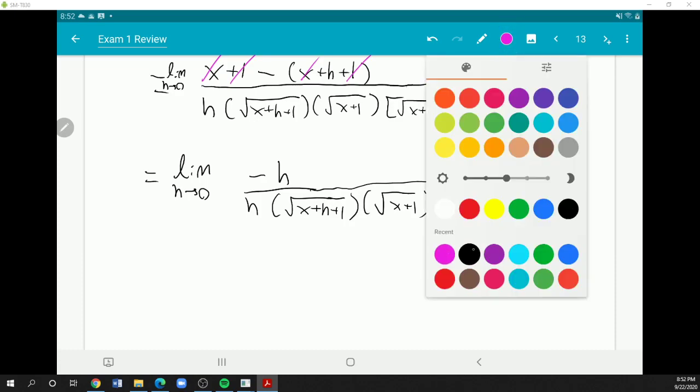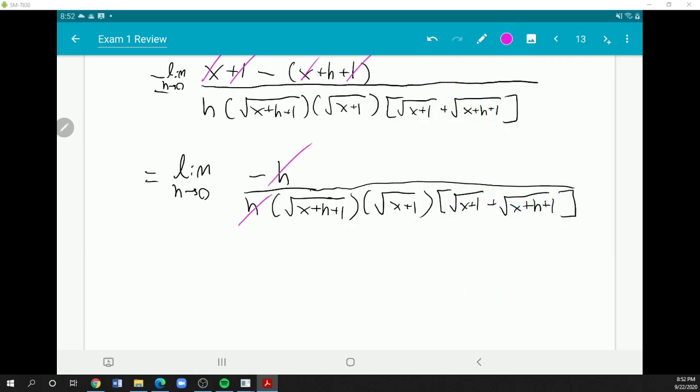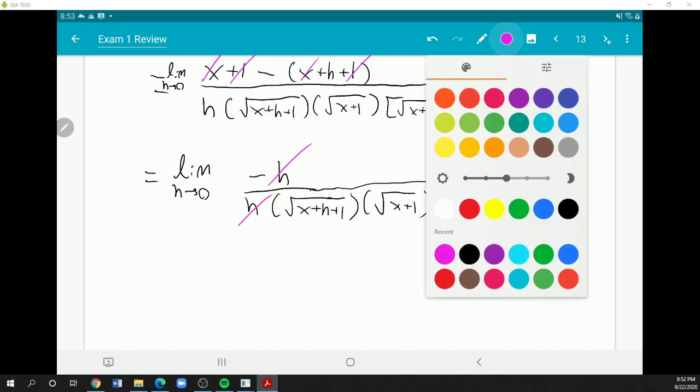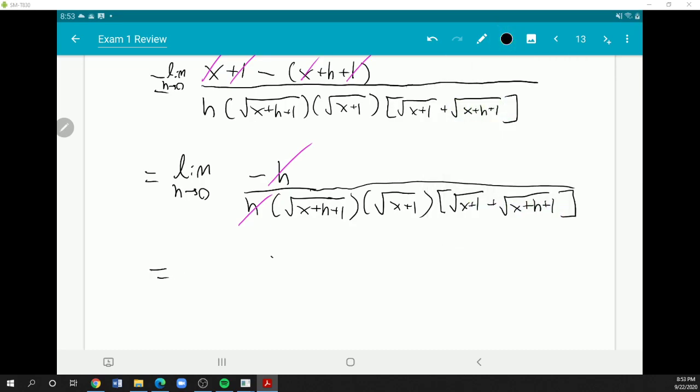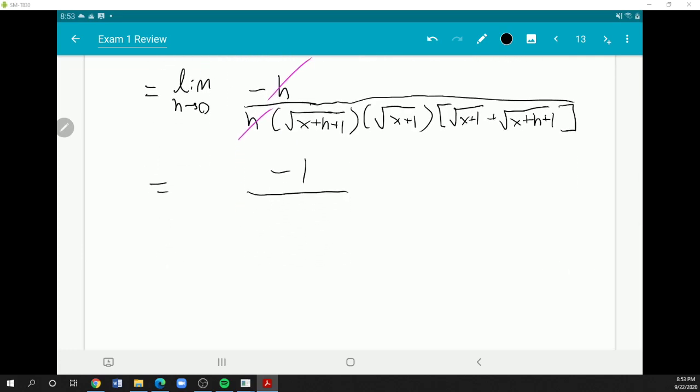So now I can cancel out the h's. And now I can set h to 0. Nothing goes wrong. So I get minus 1 over, here I'm going to do some simplifying steps. Root x plus 1, that's what that first thing turns into. This didn't have an h in it, so nothing changes. And then I get root x plus 1 plus root x plus 1.